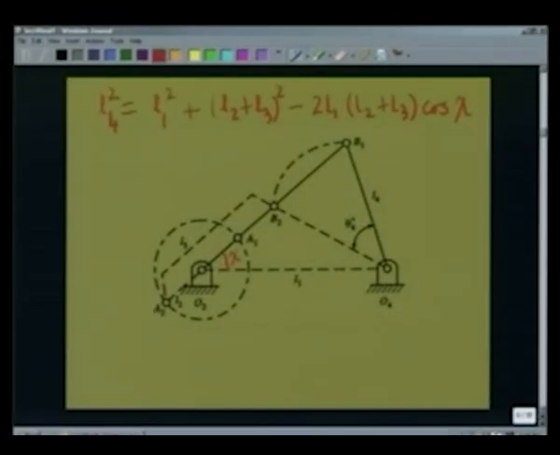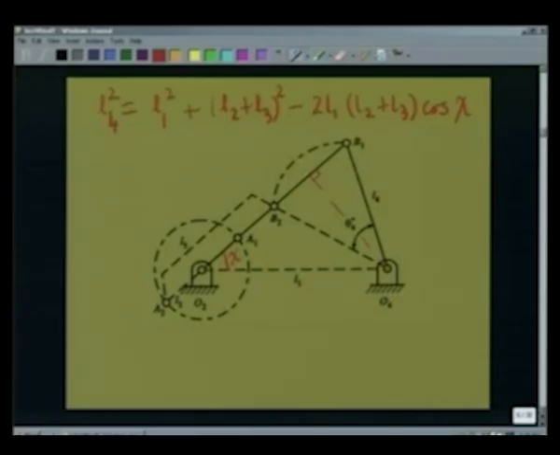Now, to determine the cosine of angle chi, let me drop a perpendicular from O4 to the line B1, B2. O4, B1, B2 is an isosceles triangle because this length O4B1 is always equal to O4B2. So, this perpendicular bisector meets B1B2 at the midpoint.